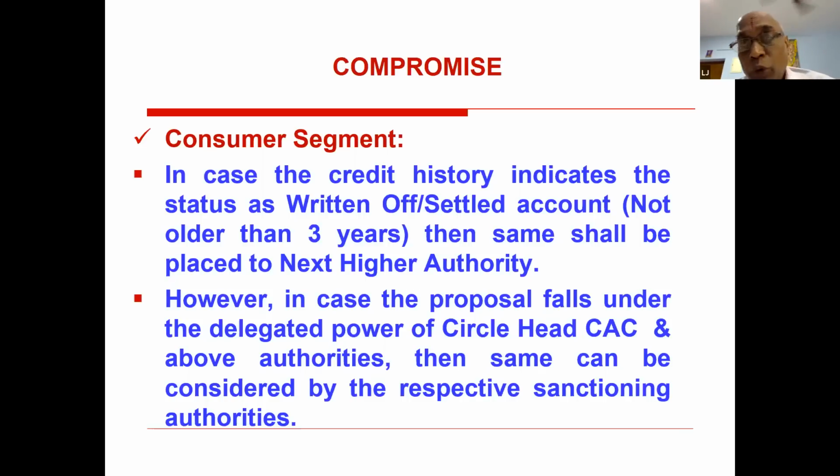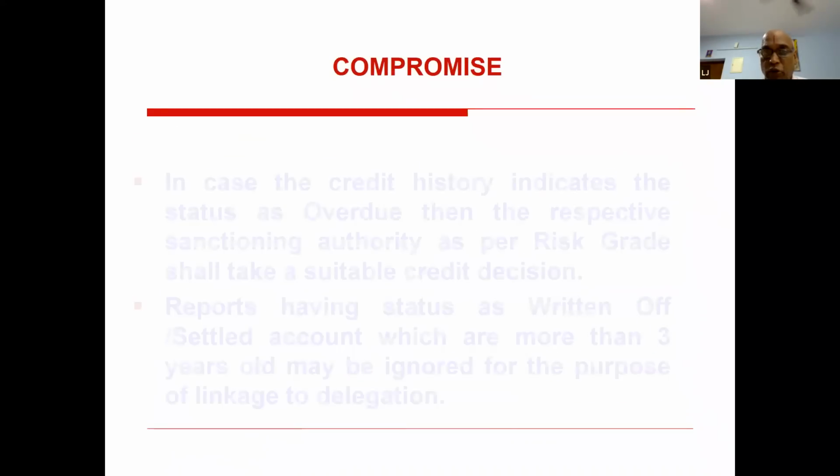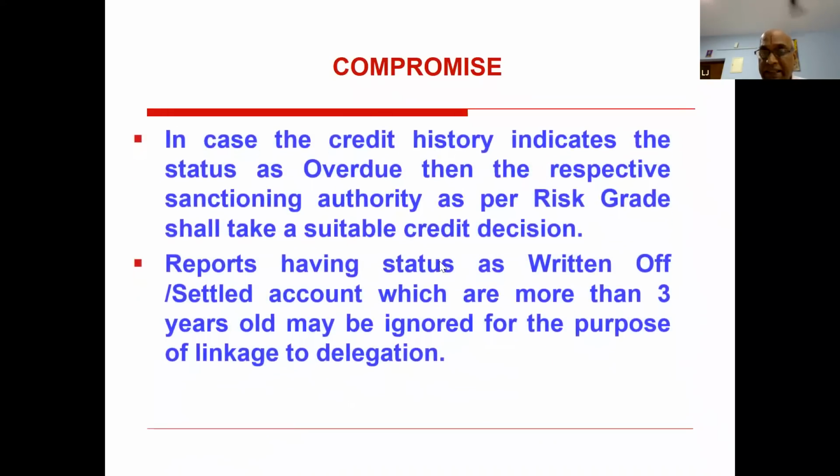If the write-off is more than 3 years old, then the respective sanctioning authority can sanction it. That is what is told: reports having status as written-off or settled account which are more than 3 years old may be ignored for the purpose of linkage to delegation.